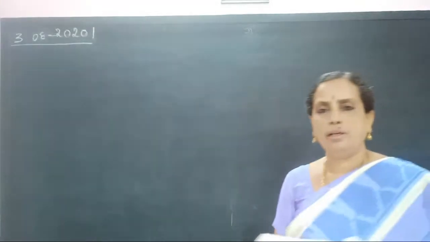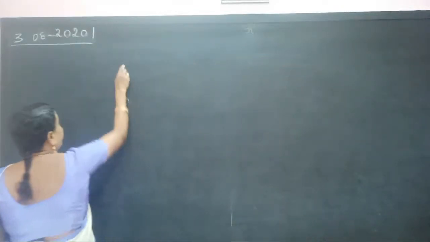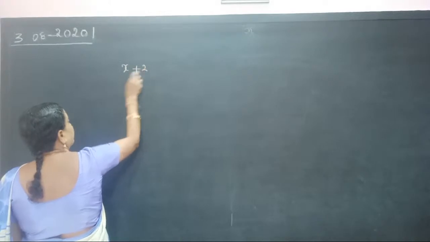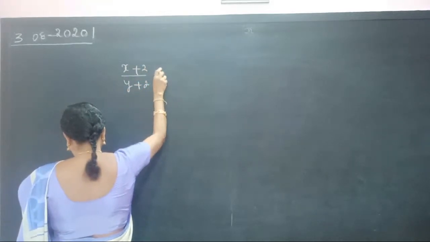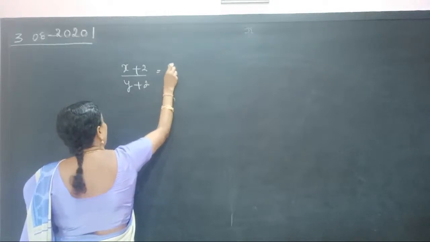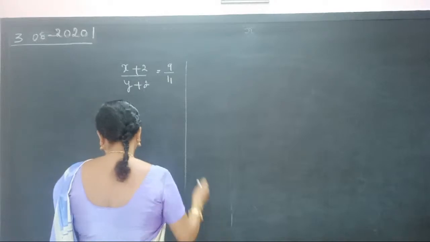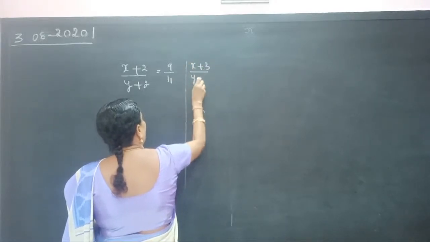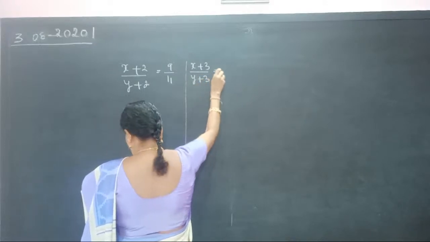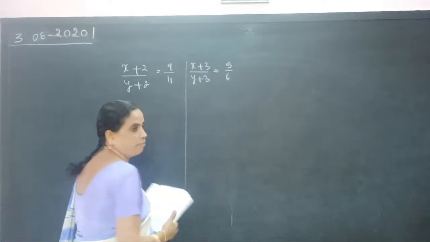First condition, if 2 is added to both numerator and denominator, the fraction becomes 9 by 11. Second condition, if 3 is added to numerator and denominator, the fraction becomes 5 by 6.